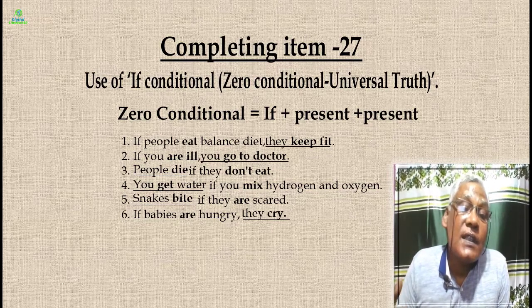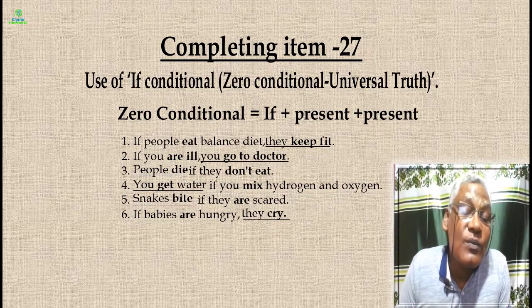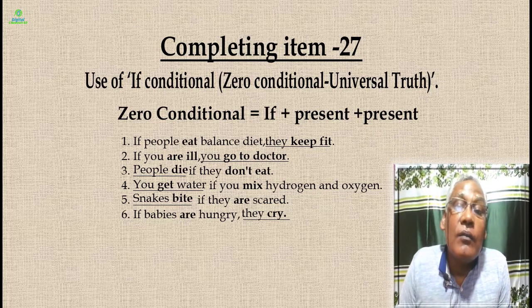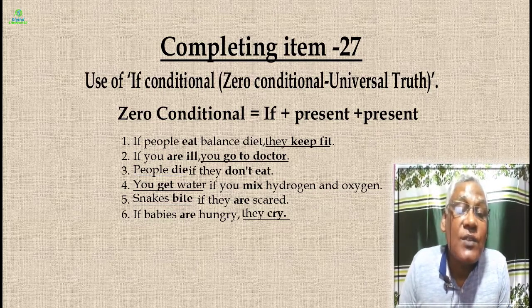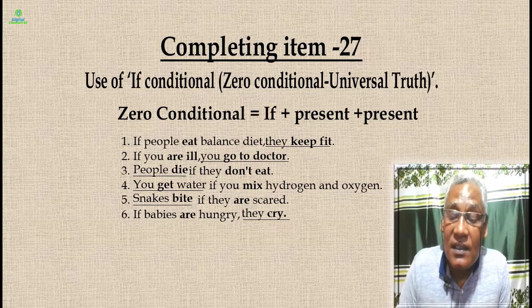In all the sentences below, if plus present has been used. Have you noticed it? Yes. Okay, fine. Now you can see another picture here. What can you see? Yeah, a rose is blooming.